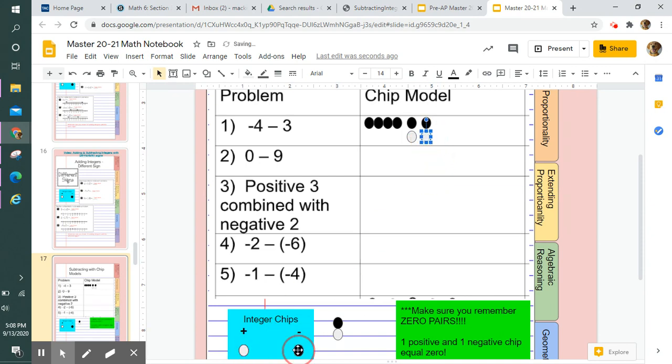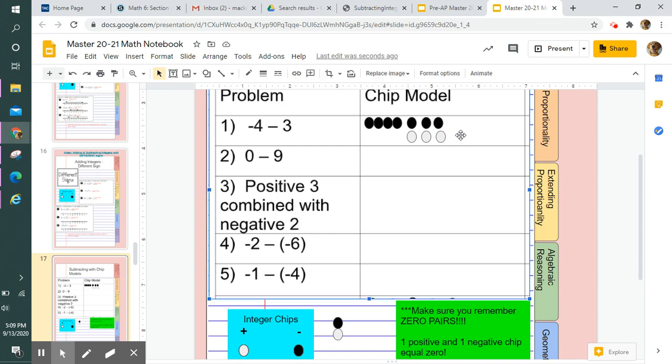And I'm going to take one more negative and one more positive. So all I did right now was say -4 plus 0 plus 0 plus 0. Any number plus 0 is still that same number, so it's still -4.